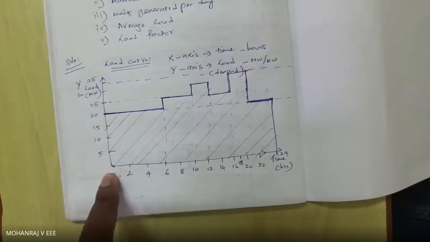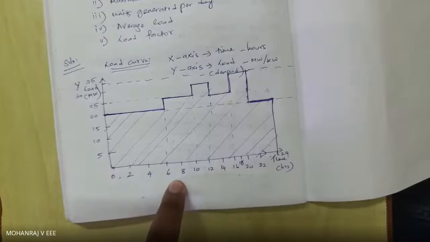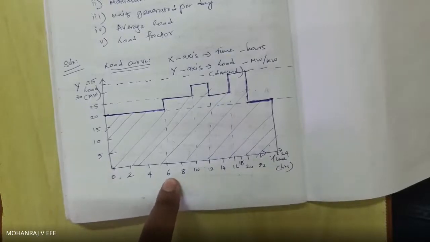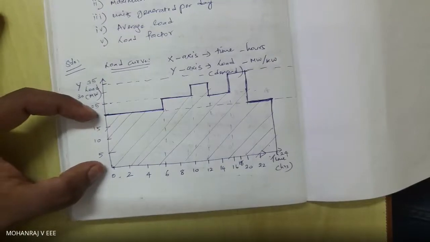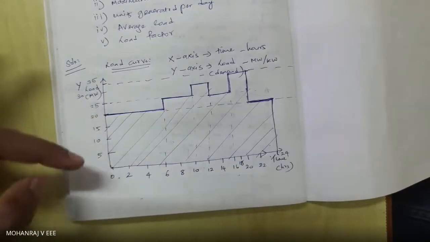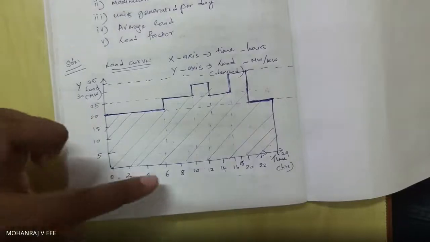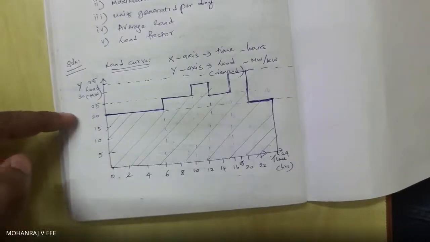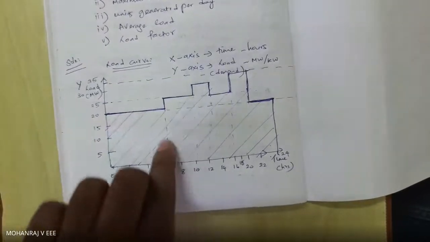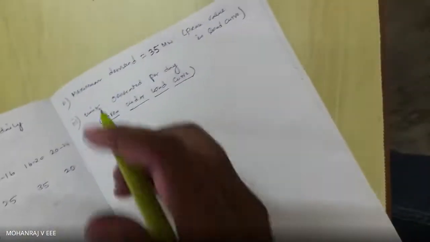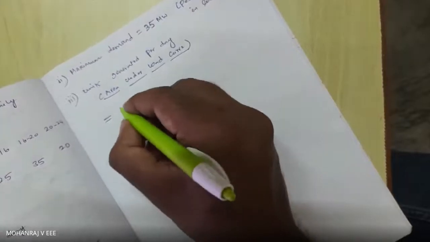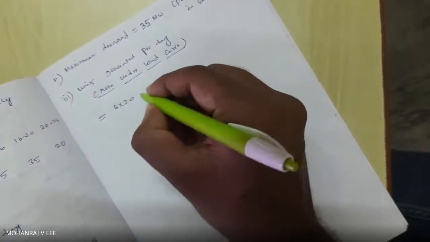Here the length is 6, which is in hours, and the breadth is 20. So 6 into 20 will give this area. Right. So I will write 6 into 20 plus.